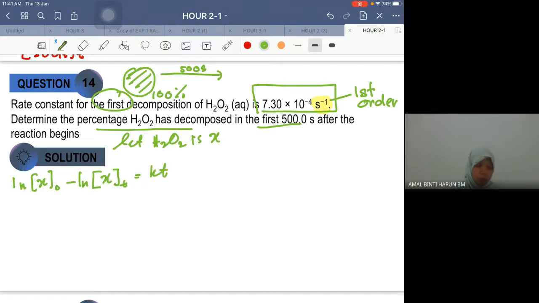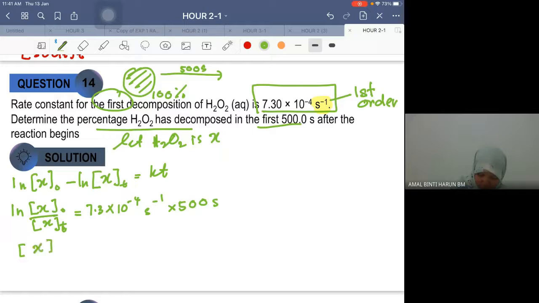ataupun you nak guna macam tadi pun boleh. Ln X initial per ln X time equal to K. 7.3 exponent negative 4. It is per second. So times 100, 500 second. Okay. So finally kita dapat X initial per X time.